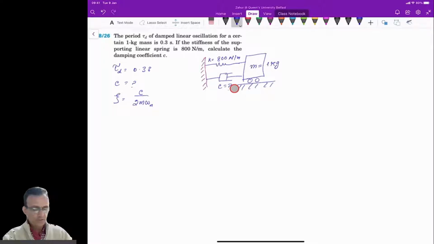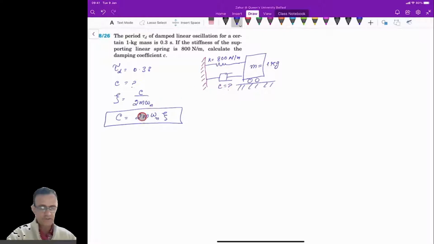So from here we can calculate C. C will become equal to 2m omega n zeta. This means that to calculate C, we need to know m, omega n and zeta. Because we are already given m, which is 1 kilogram, we need omega n, which we can calculate.